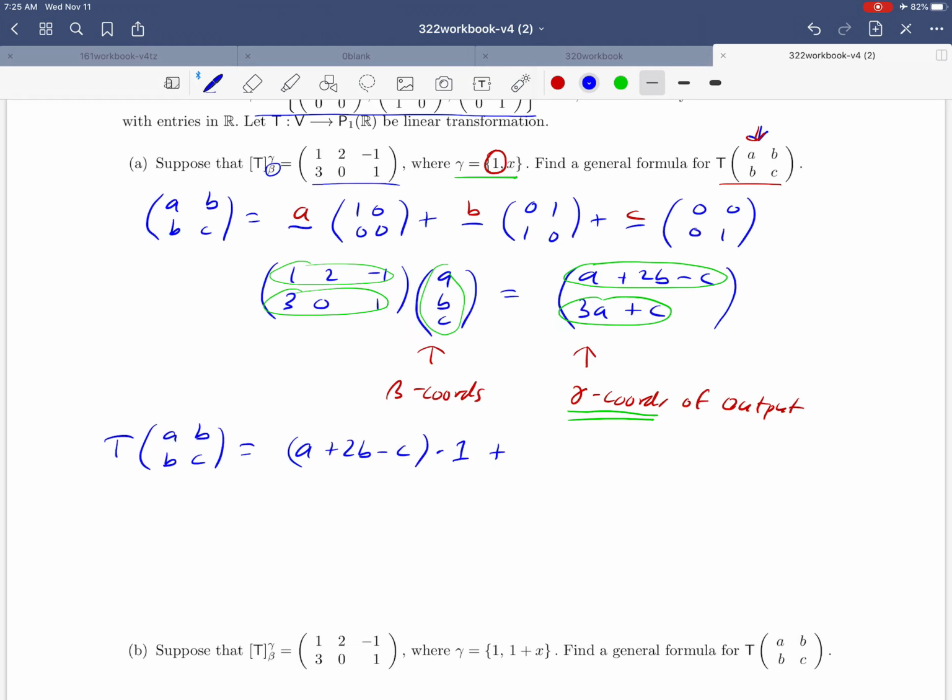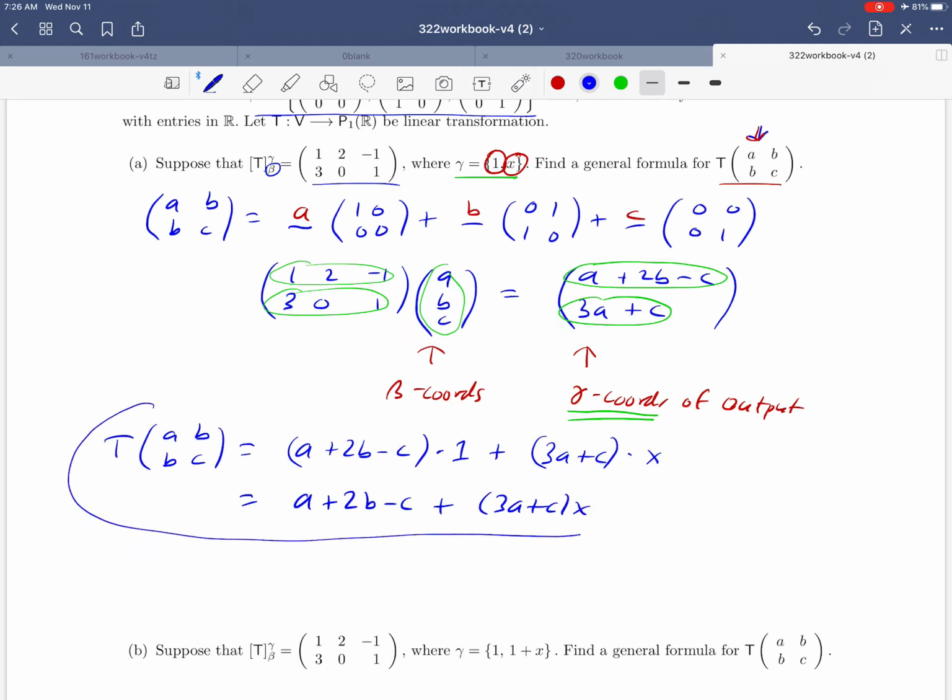And then 3a plus c, there's our second number. That's going to get multiplied by the second vector in gamma, by x. What we just wrote down, maybe we could simplify one thing. No reason to write just times 1. So a plus 2b minus c plus (3a plus c)x. There is our formula for T of [a b; b c]. We were able to figure it out just by interpreting what this matrix is telling us.